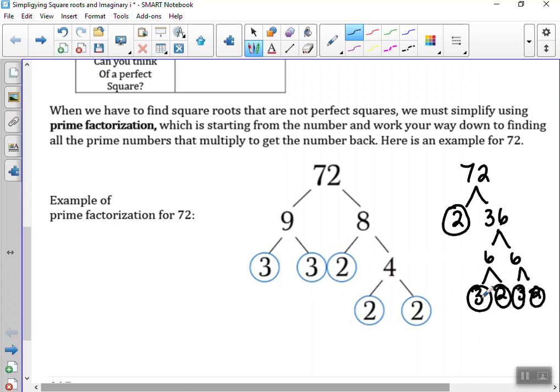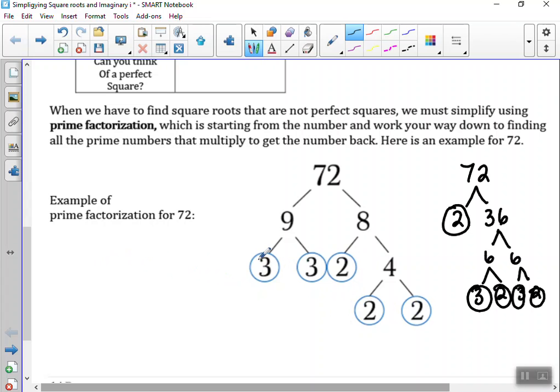So I have 2, 3, 2, 3, 2. Same thing here. I have 3 2s and 2 3s. Okay, whatever, you'll get the same thing. It doesn't matter what numbers you start off with. But this is called prime factorization, where I keep going down. It's called a factor tree, until I get only prime numbers and I circle them.